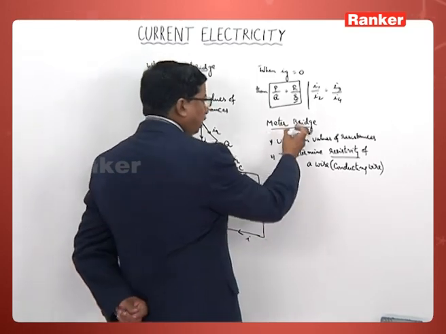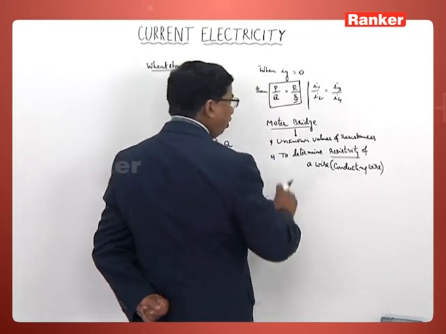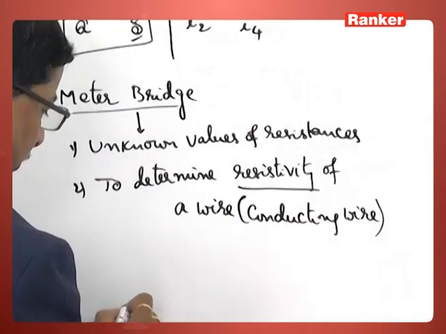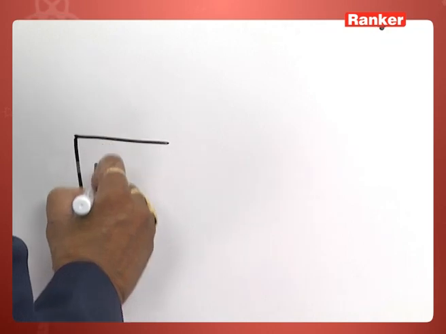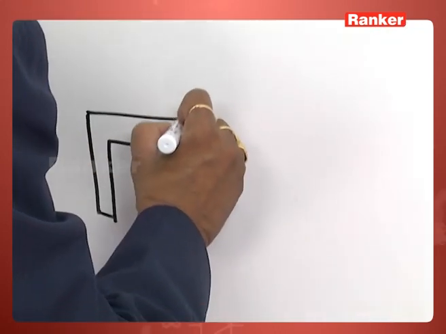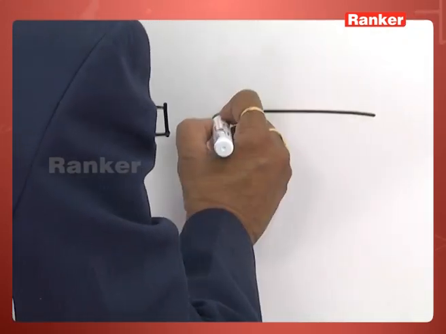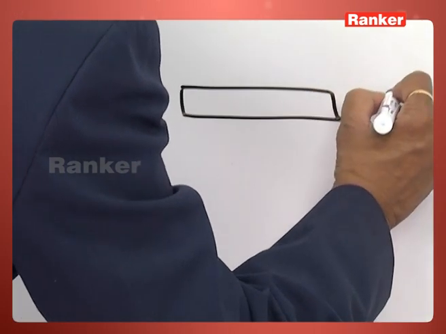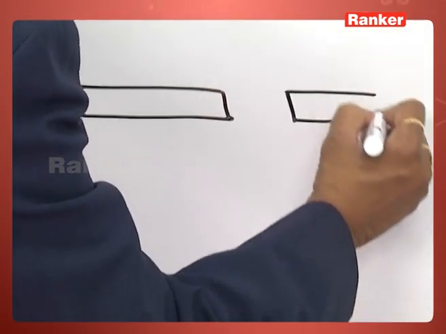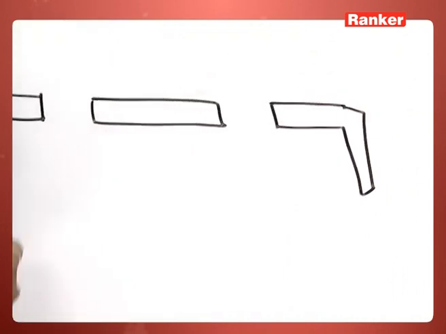When you take this meter bridge, how does it look? You will be finding, on a wooden base, 3 metal strips mounted this way. You can understand directly.